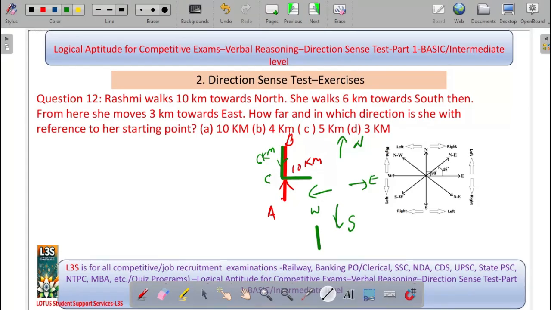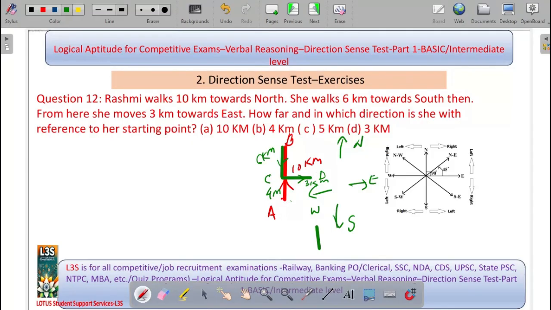This is D and this is the east side, so this is 3 kilometer. And this is 10 kilometer minus 6 kilometer, 4 kilometer. Now the question is how far and in which direction is she with reference to her starting point. Our starting point is A and end point is D.